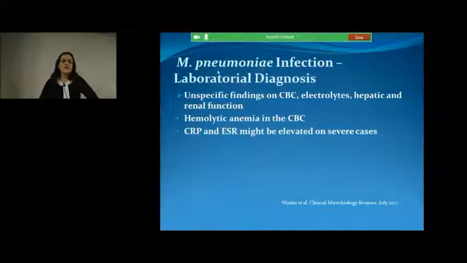The infection caused by Mycoplasma pneumonia shows nonspecific findings on the CBC, electrolytes, and the liver and renal studies. The CBC may show hemolytic anemia. The CRP and ESR might be elevated in severe cases, but they are nonspecific.